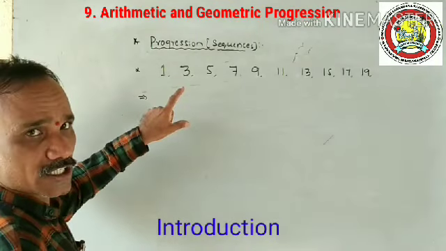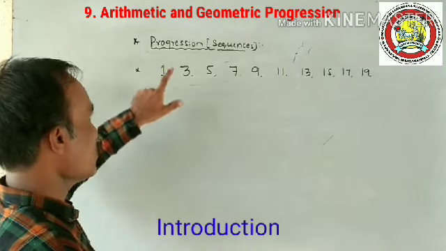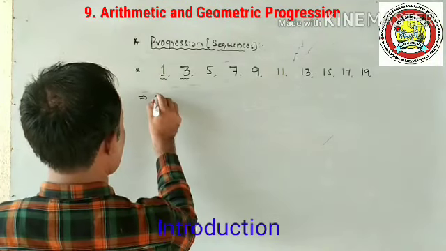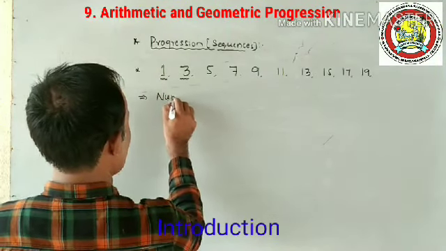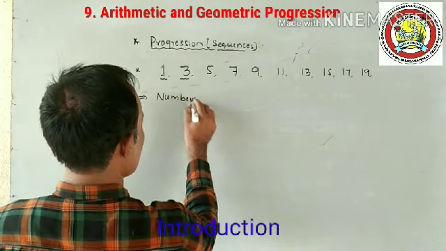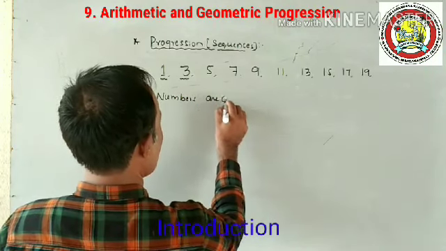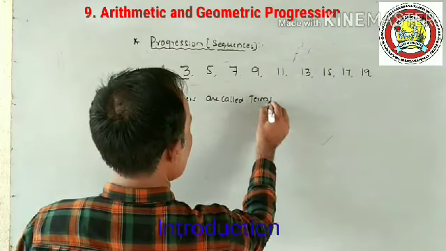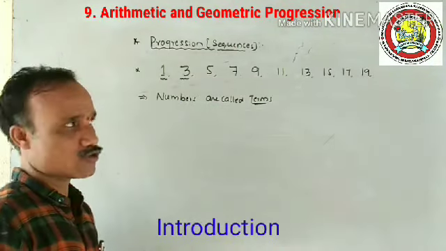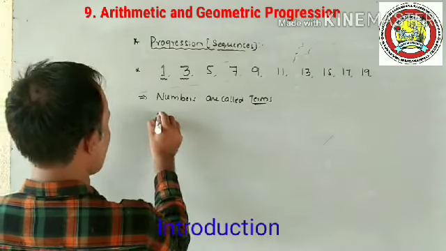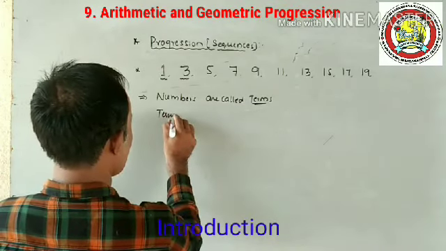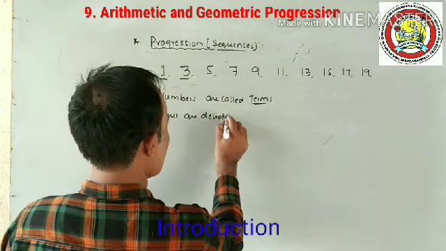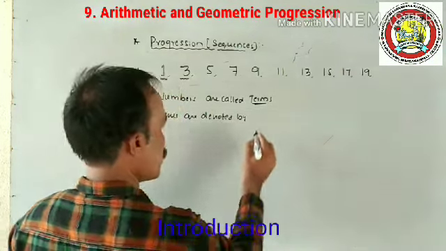Listen carefully here. In progressions, these numbers are called terms. Very important. Terms are denoted by A1.